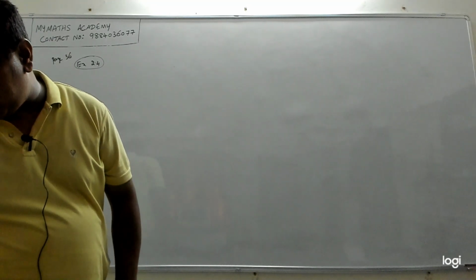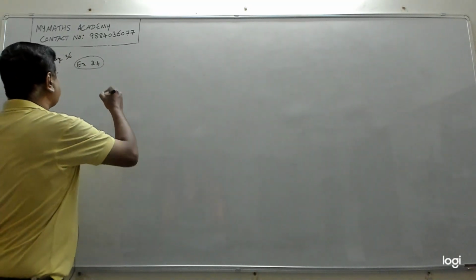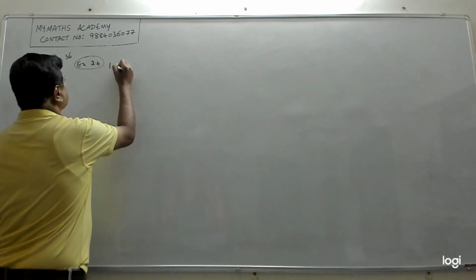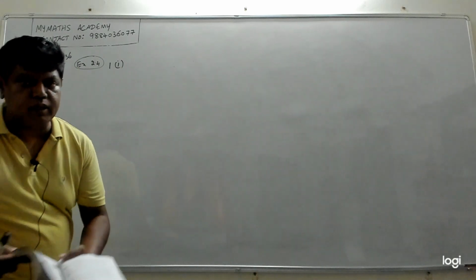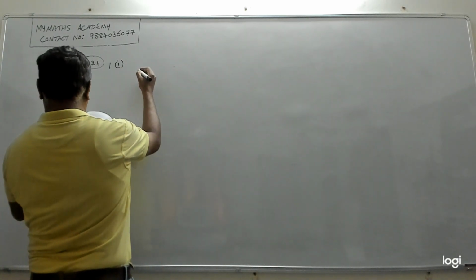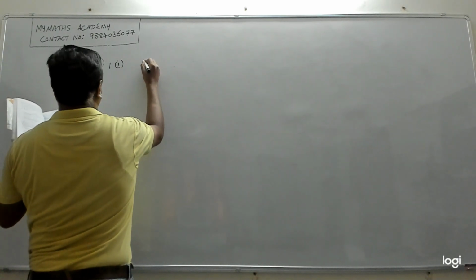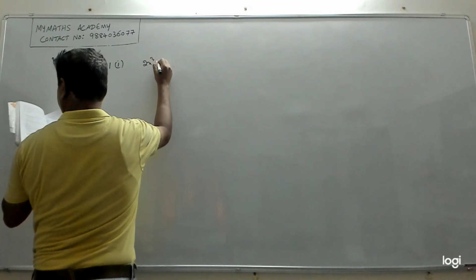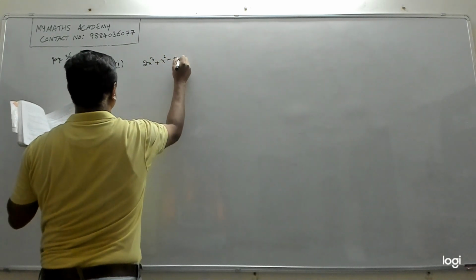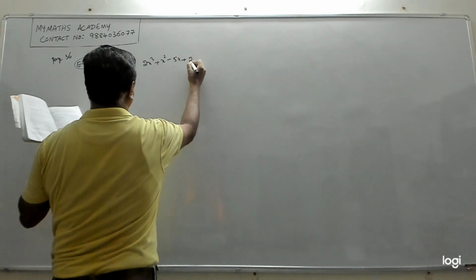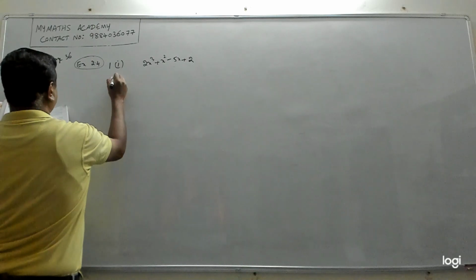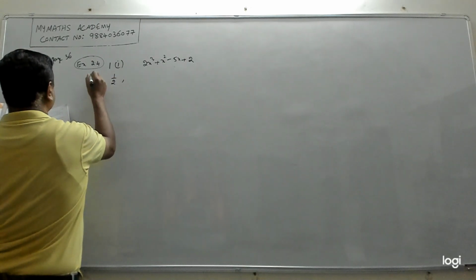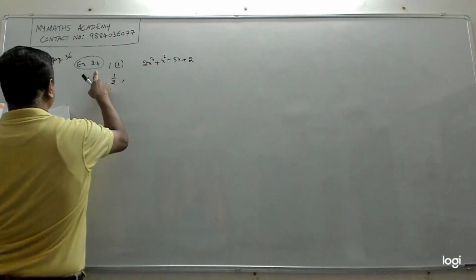Probably I'll do one problem. In the first problem, first subdivision I will do. So what is the polynomial that is given? The polynomial that is given is the cubic polynomial 2x cube plus x square minus 5x plus 2. This is a polynomial. Now we need to check whether 1 by 2, 1, minus 2 are zeros.